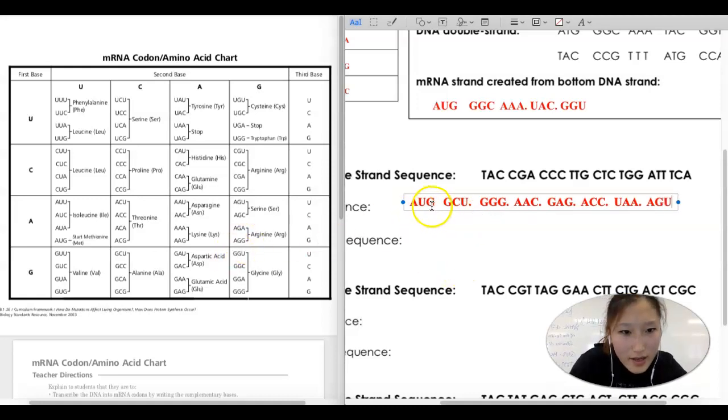Okay, let's take a look. A, U, G, right? T pairs with A, U, G, G, C, U, G, G, G, A, C, C pairs with G, G, A, G. We have A, C, C, U, A, A, G, U. Okay, very good.